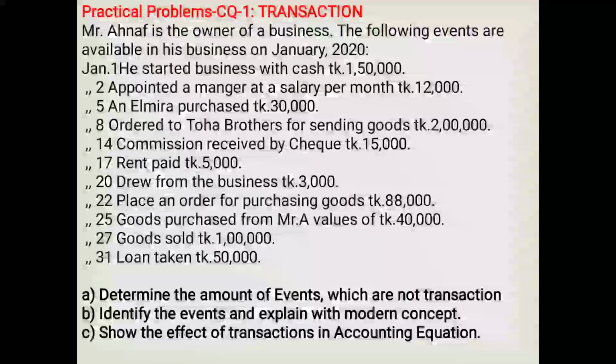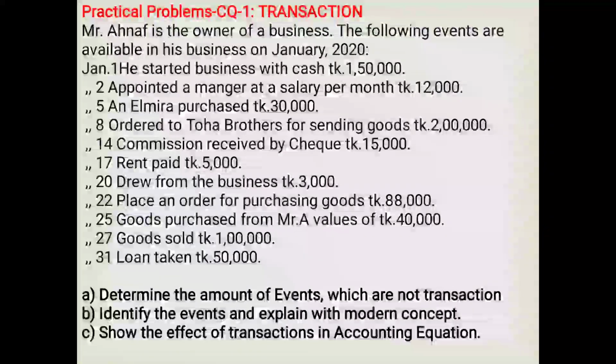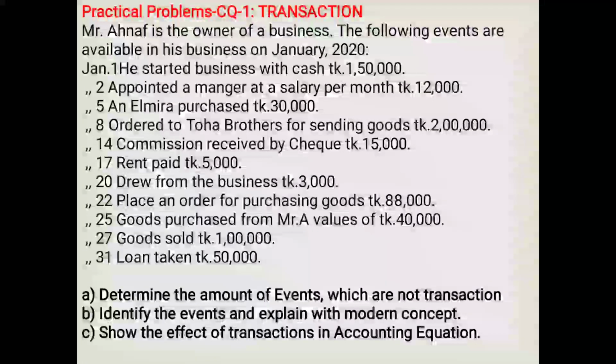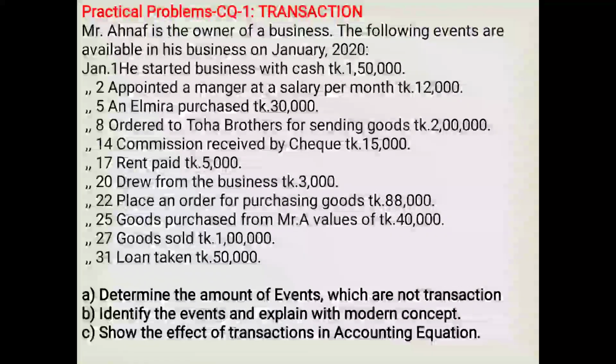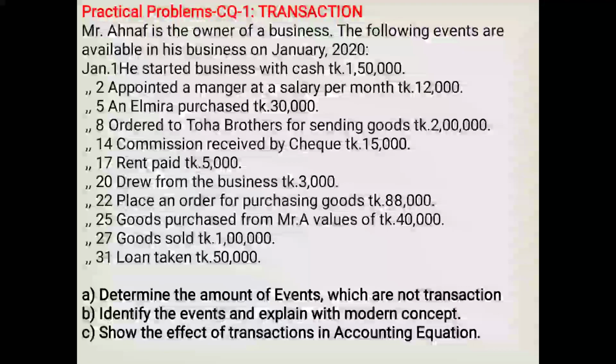The number 2, that is January 2, appointed a manager at a salary per month taka 12,000. Only appointed a manager but no salary paid to the manager. So appointing a manager is an event but not a transaction. It is included in non-monetary events. Second one is January 8, ordered Toha Brothers for sending goods.